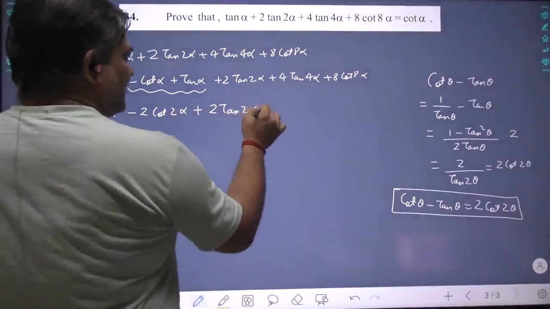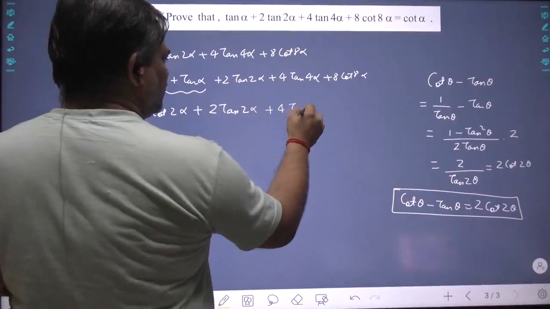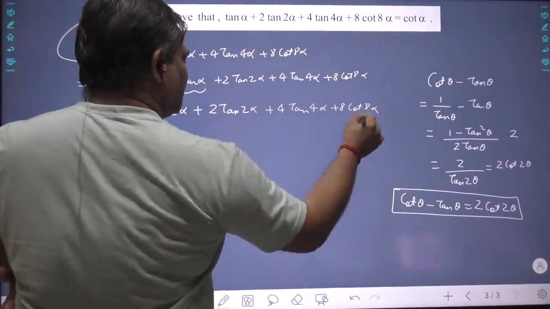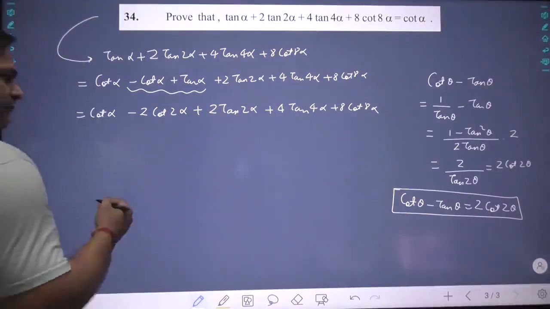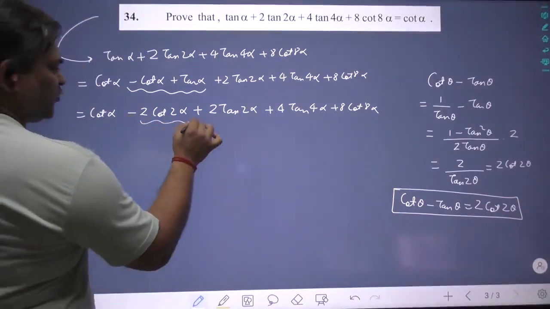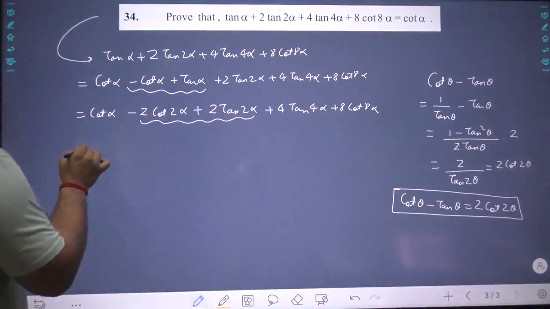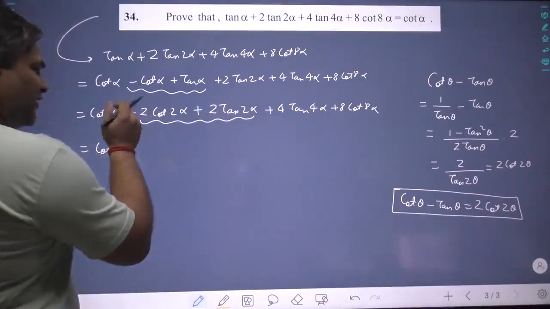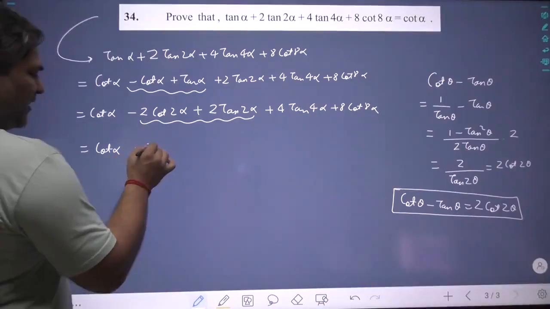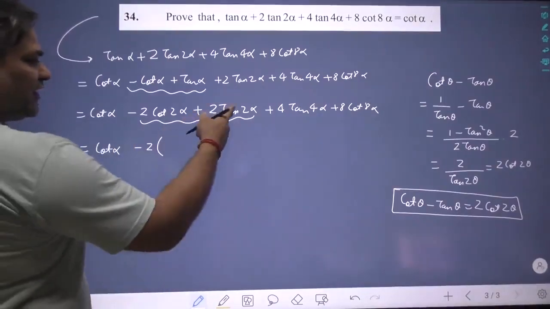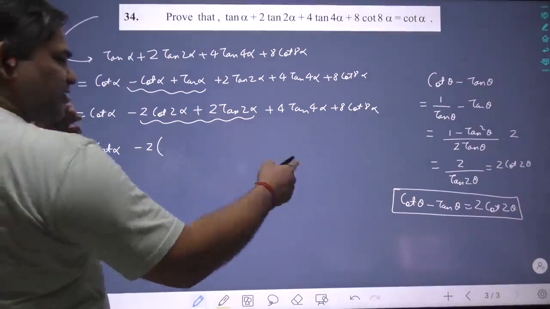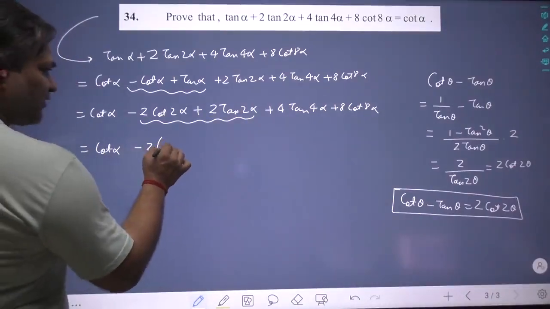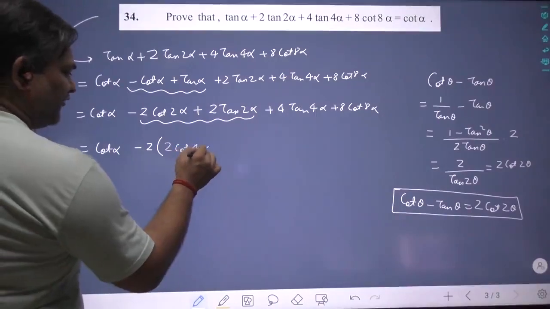First tell me, is this step clear to you all? Yes, sir. Let us play. From these two, you take minus 2 common. When you take minus 2 common, you will get cot 2 alpha minus tan 2 alpha. So this will come out to be 2 cot 4 alpha.